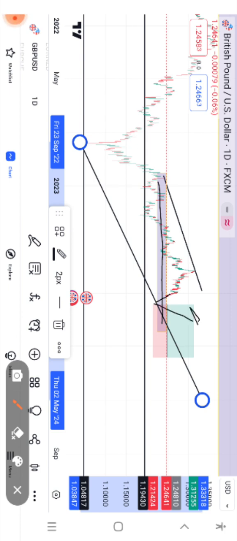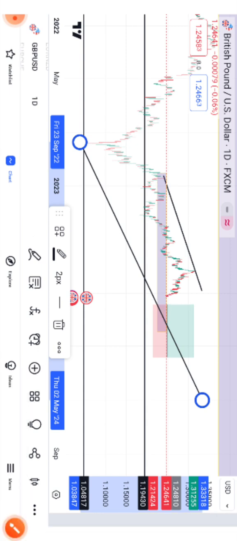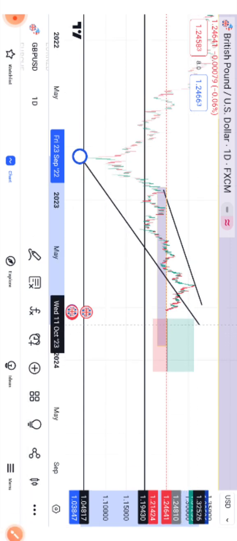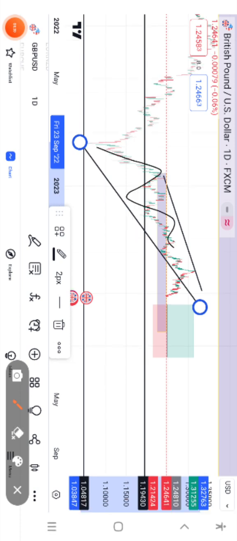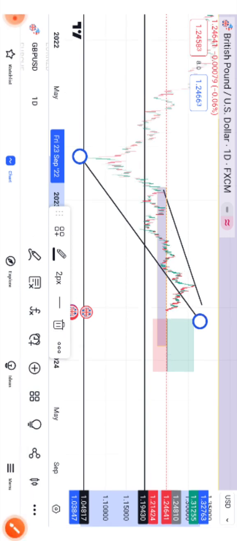So we're going to be having strong buys, right? And the market doesn't just do this and then break out and go the other way. It might, but I've never experienced such.